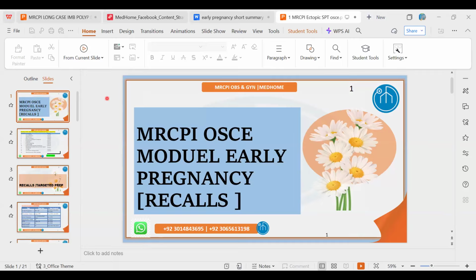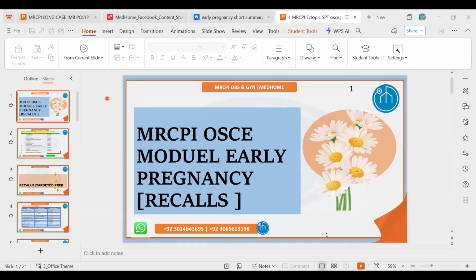The main course they take in the end, near your exam, when the majority of candidates book their exam and have confirmation, which sometimes can be as late as 1 week before your exam. So they plan their fast track or crash courses, which are a compilation of recalls near the exam, and this is the main thing.